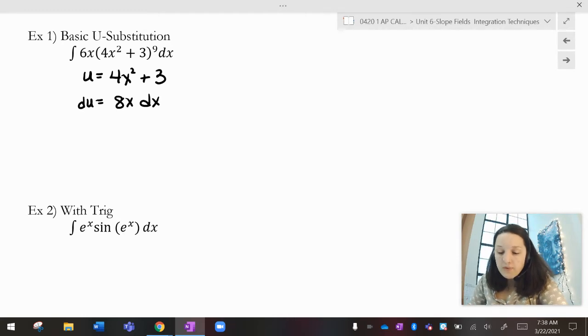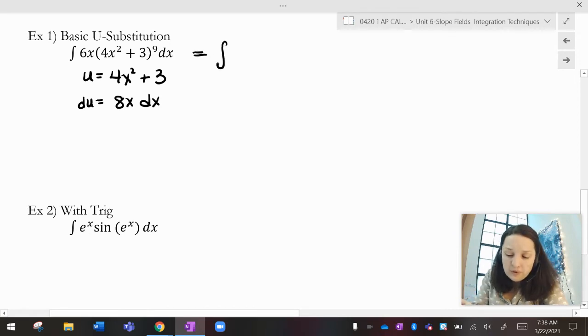Okay, so if that's my U-substitution, what I want to have happen is I want to be able to rewrite this integral and not have a single x left behind. I want all those x's in terms of u. Well, let's see. The 4x squared plus 3 to the 9th, 4x squared plus 3 can get rewritten as u. So this is going to be u to the 9th.